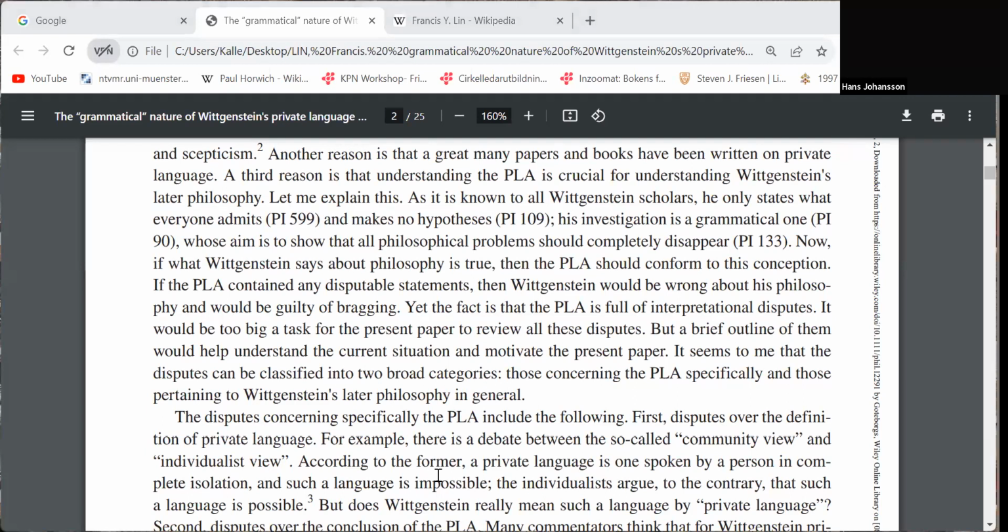Now, if what Wittgenstein says about philosophy is true, then the PLA should conform to this conception. If the PLA contained any disputable statements, then Wittgenstein would be wrong about his philosophy and would be guilty of bragging.